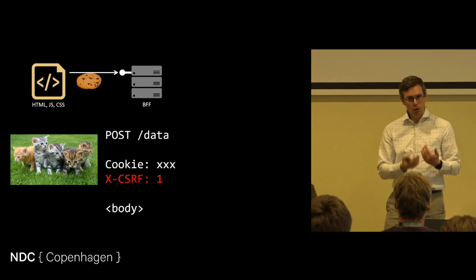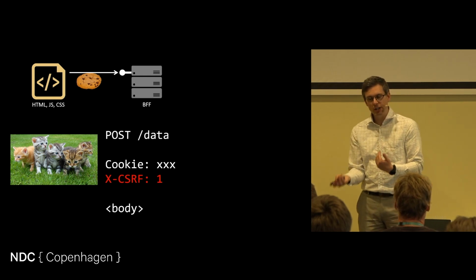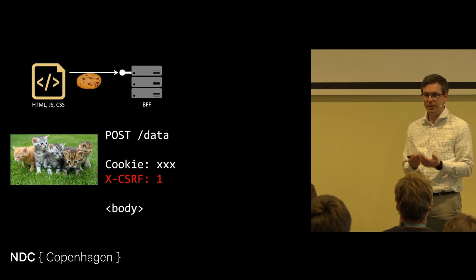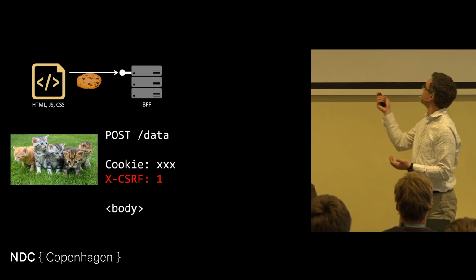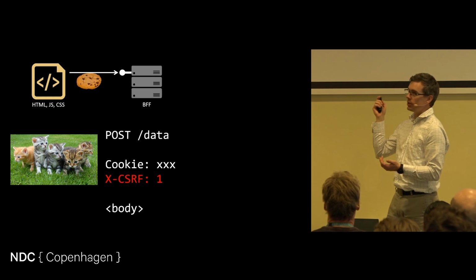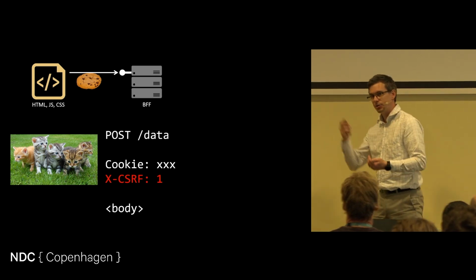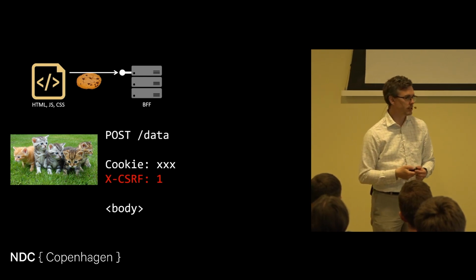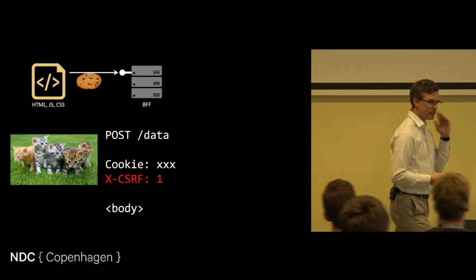And when we have a normal form post, we cannot attach headers to it. We cannot add headers. So if the header is present, we can know that this came from JavaScript. And thanks to CORS, we can know that then it must be a same domain request. So that's enough.